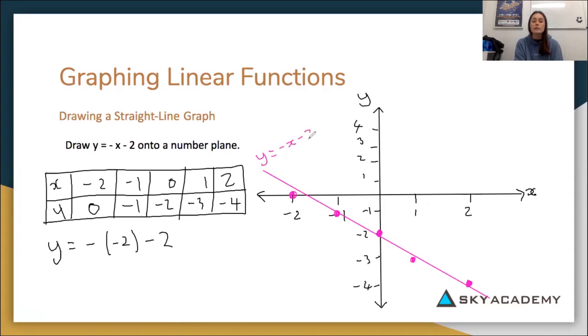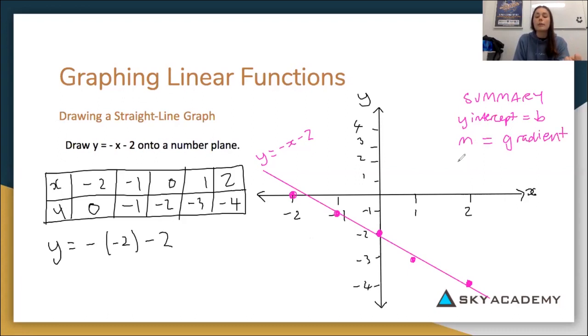So there are a few things to remember in graphing straight lines. You need to remember your y-intercept, which equals b. You need to remember your m is your gradient, which is rise over run. Remember x is horizontal or independent, and y is your vertical or dependent.